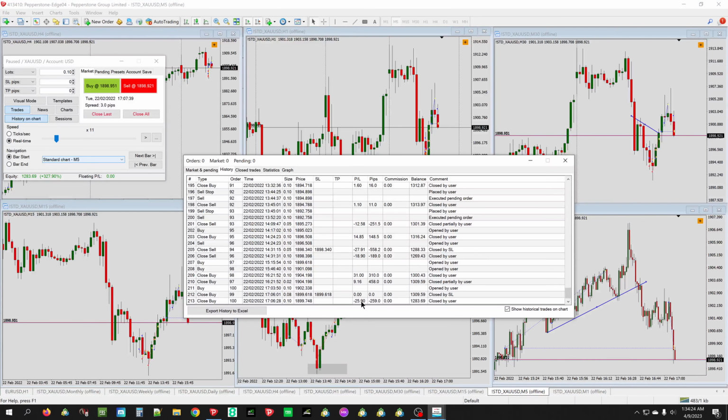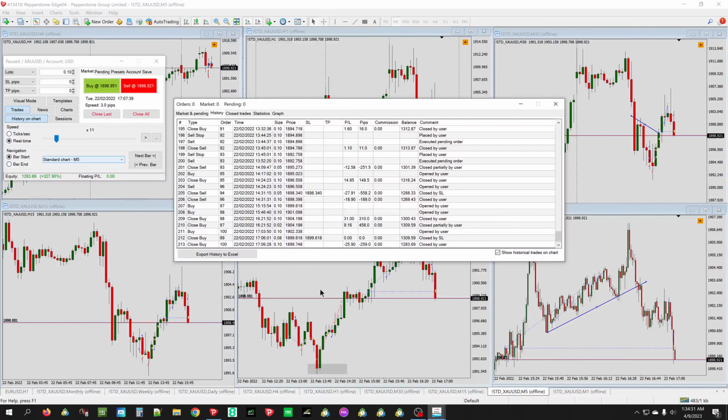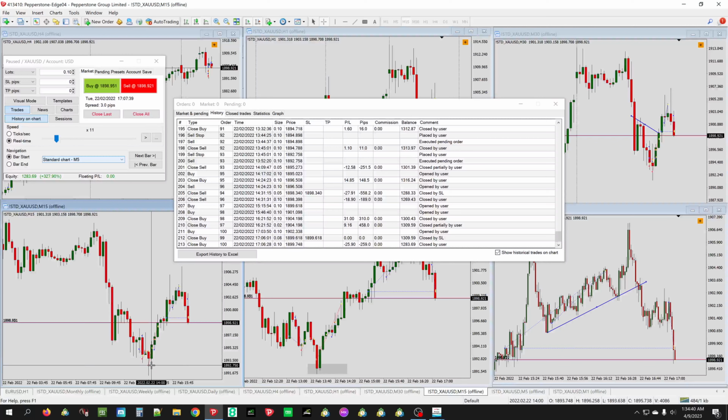So these are personal errors, my system did indicate. Let me explain why. If I look at this buy trade, this sell trade right in here, I knew that we are approaching towards a heavy support zone in H1 and H4 time frame.